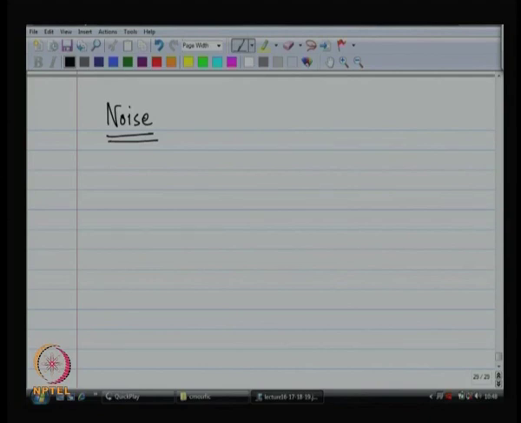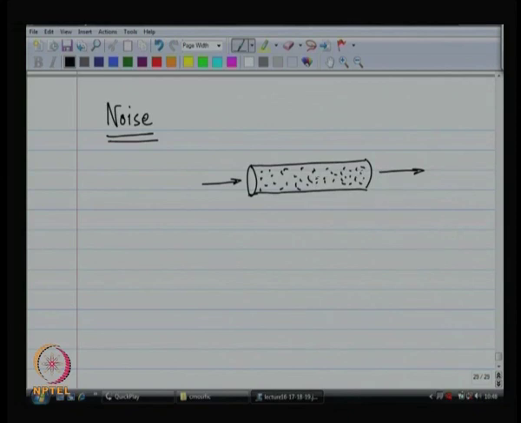Noise is a random process, because when you have a resistor, and let us say you have got current moving through a resistor, it is really a lot of electrons in this material that are moving through, and the electrons are jostling with each other, hustling and bustling and pushing each other, and they are all actually moving in random directions with temperature.